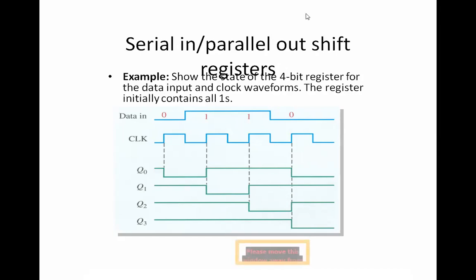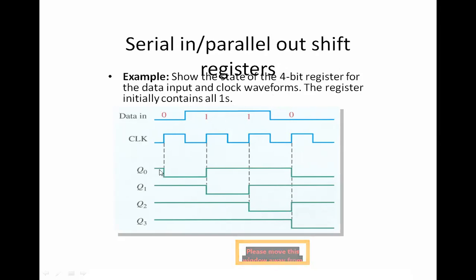You can take any 4-bit data, because he is telling us to find out the state of the 4-bit register for the data input and clock waveforms. The register initially contains all ones, right?